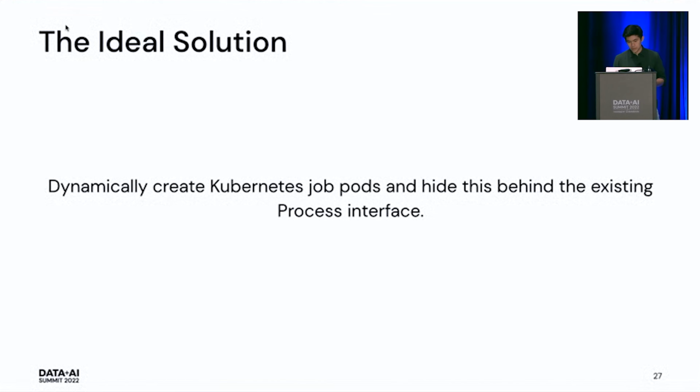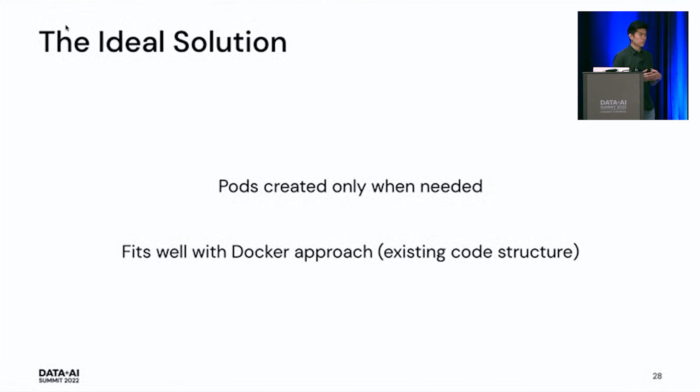What we really want to do is dynamically create these pods and hide these behind our existing process interface. And so this is great because we only create the pods when we need them, so we don't have any underutilized pods. We avoid all that cost. And it ideally fits well with a Docker approach. Again, I mentioned we want to minimize tech debt.